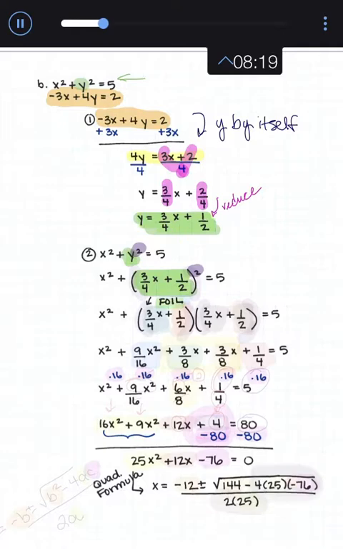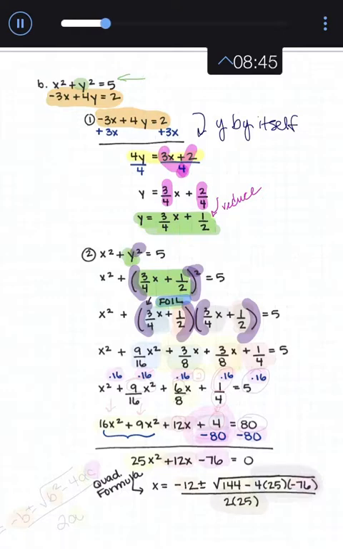What does it mean to square something that has parentheses around it, like this? Well, it means that there's going to be two of them, twin copies of them. So there'll be a 3/4 x plus 1/2 times another 3/4 x plus 1/2, which means, how do we multiply those two? Well, we're going to multiply those two by doing FOIL.